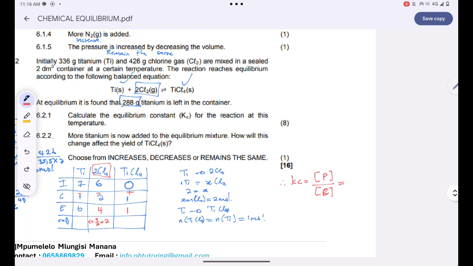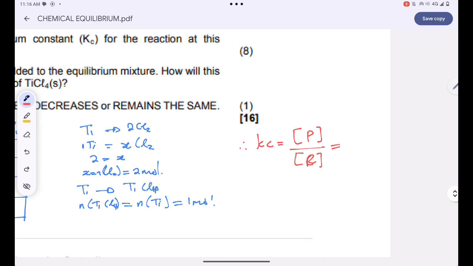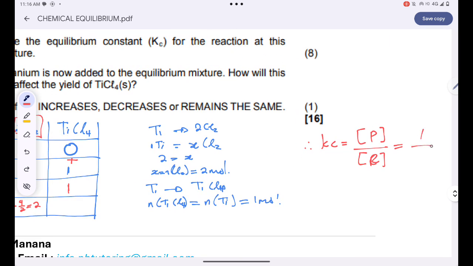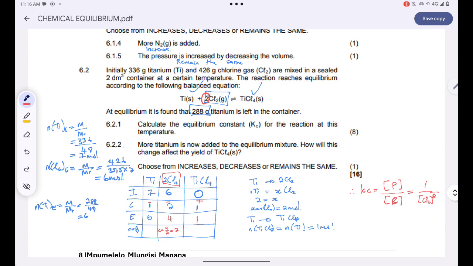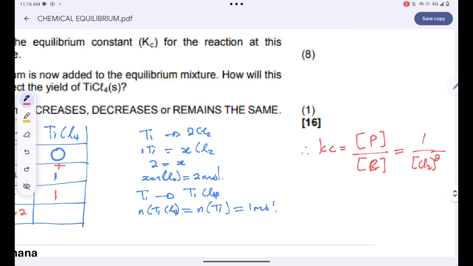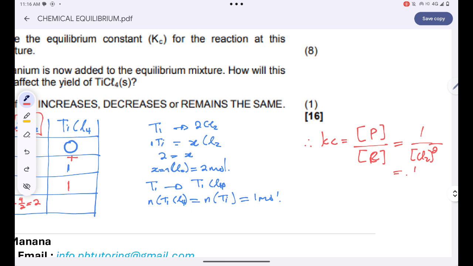Are you together? Since my product, guys, is a solid, I'll just write 1 at the top, and then at the bottom I'll simply take my chlorine gas to the power 2. Why? Because the stoichiometric coefficient was 2 over there. So this is just 1 all over 2 squared. That's 1 over 4. That's 0.25.